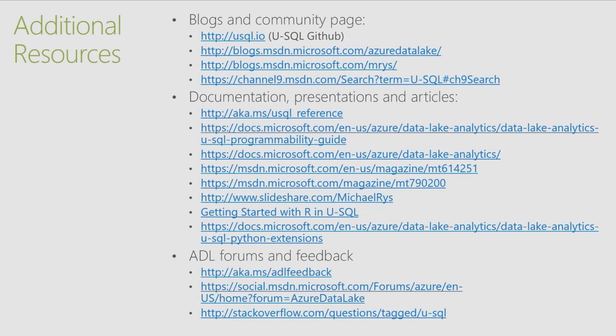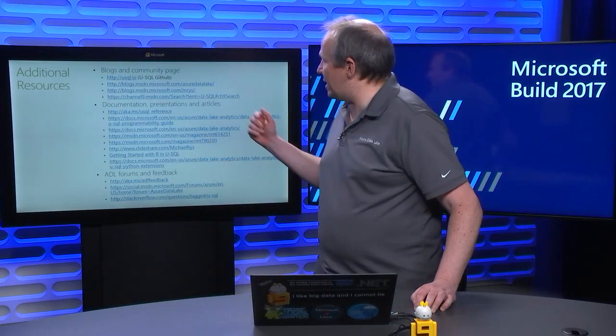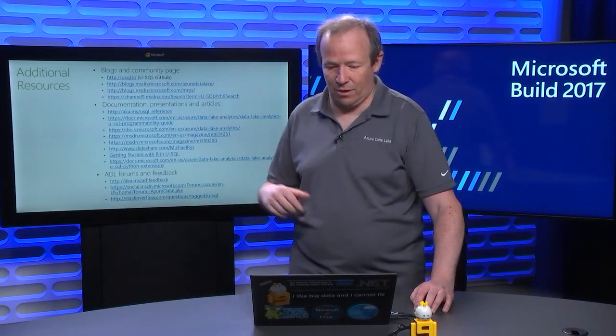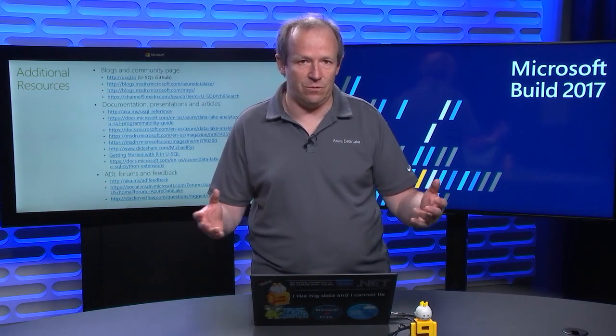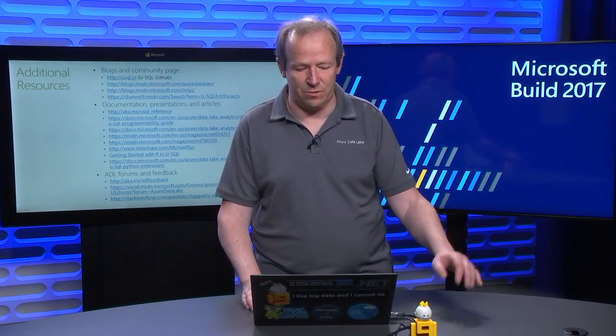We have several Channel 9 videos, including I think this one at some point, where you can find things about U-SQL. We have a lot of documentation and presentations available, including documentation about R, Python, general extensibility. The second of the magazine links that you see there talks about how you can use JSON processing or use the SQL spatial library inside U-SQL.